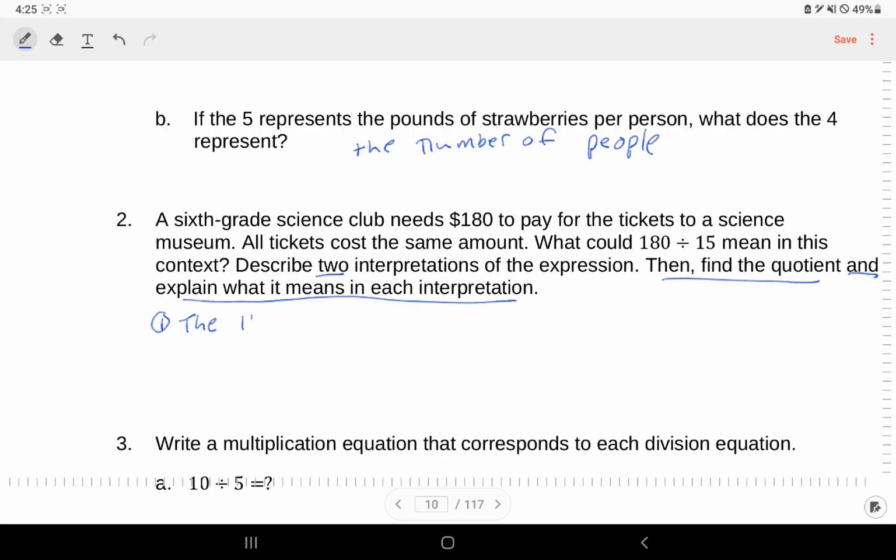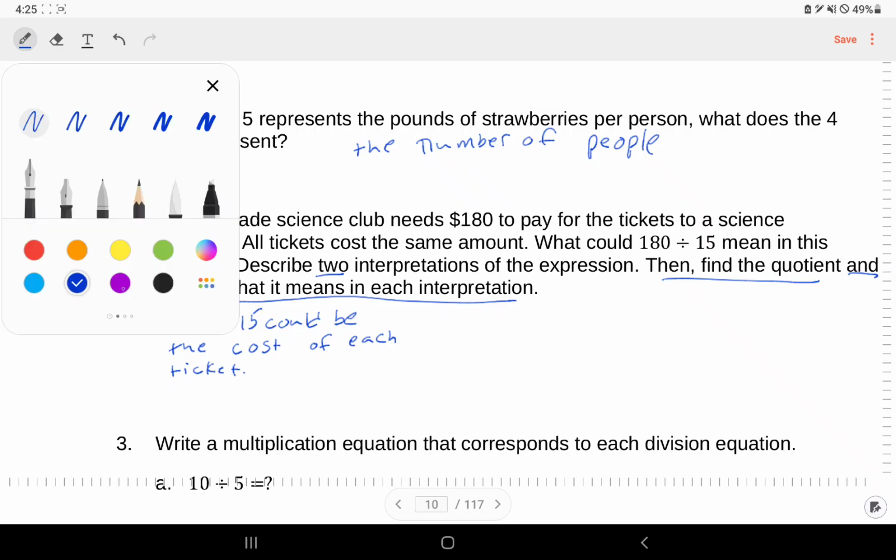So the 15 could be the cost of each ticket. Okay.